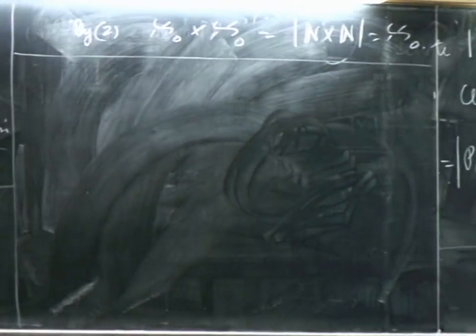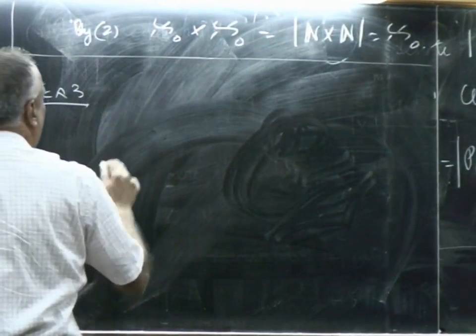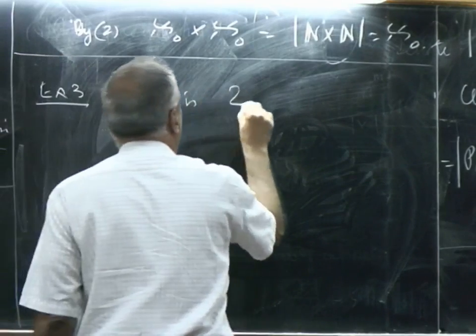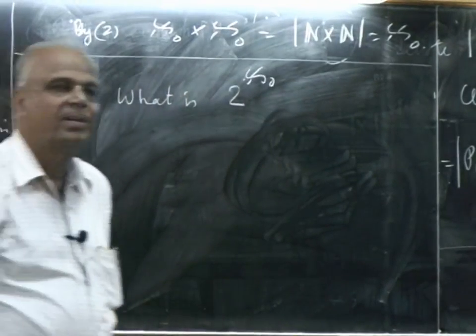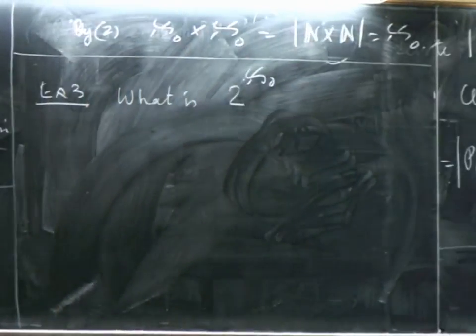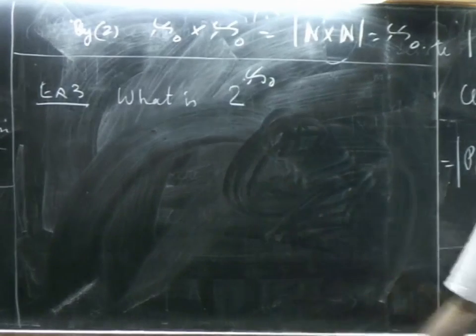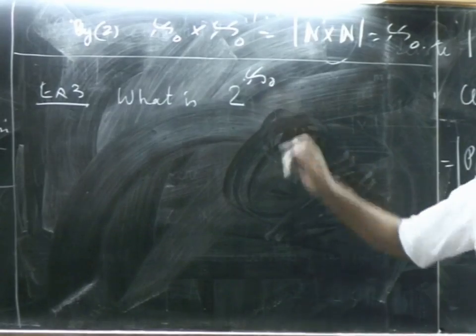Let me look at an example to start with. What is 2 to the Aleph naught? So now we are in this situation. For x I should take a set consisting of 2 elements, and for y I should take a set which is countably infinite.